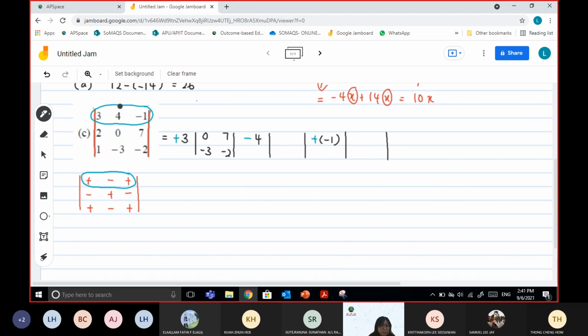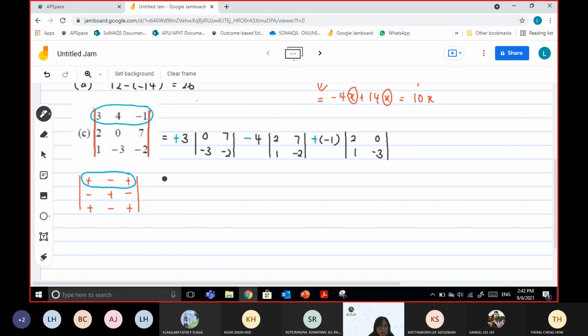When it comes to number 4, I block the second column and write the rest of the values. When it comes to the third value, -1, I block the third column, so I have the values 2, 1, 0, -3. So these are the determinants that you need to find.